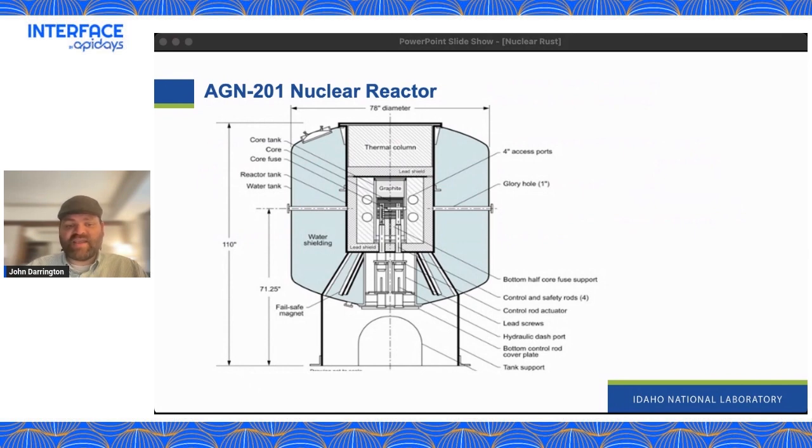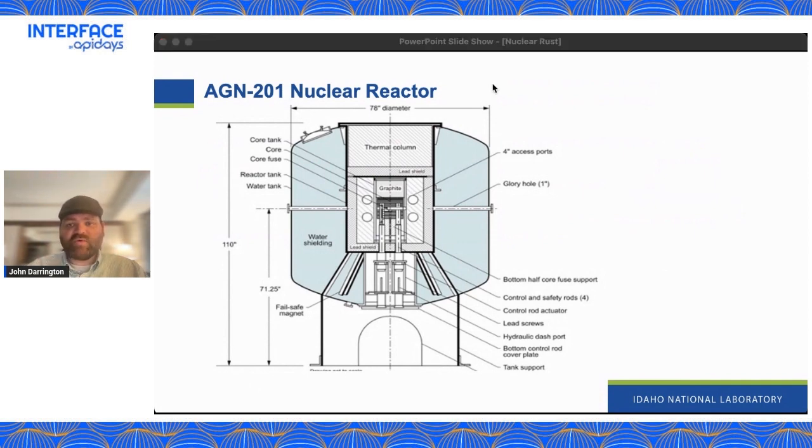The NNSA and the Department of Energy asked Idaho National Laboratory to create and manage the first digital twin of a fissile nuclear reactor with this reactor as the target of the project. And this became a perfect test bed for our new technology and our new paradigms of working with this.